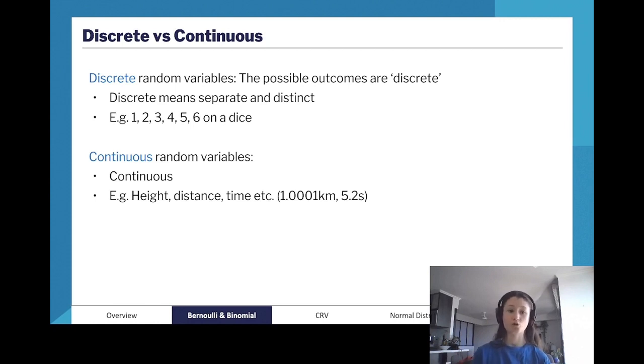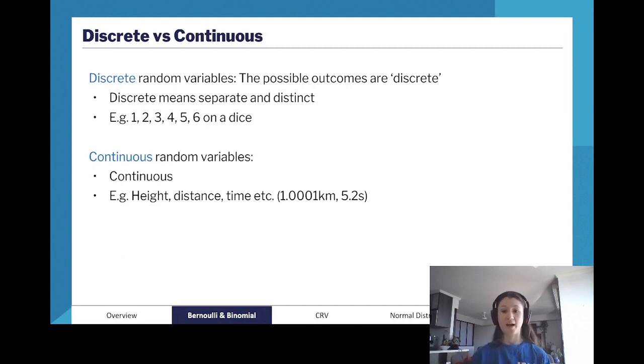However, when we're getting onto continuous random variables, these are obviously continuous. So any value in a certain domain is possible. So we could have, not just 1 through 6, but we might be able to have 1573 point, and so forth.